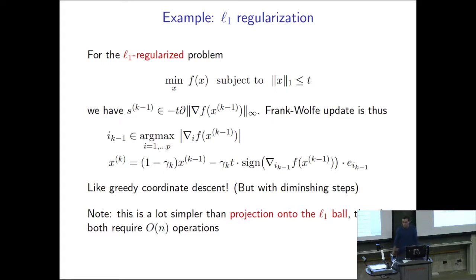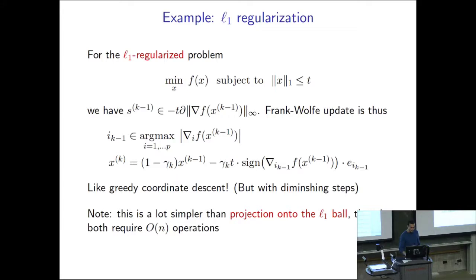Projecting onto the L1 ball, it turns out, is also doable in order n steps. So it's not only cheaper, but this is a pretty sophisticated algorithm to get you this. It relates to projecting onto the simplex. You can reduce a projection onto this L1 ball to a projection onto the simplex, and then there's an algorithm that is a bit clever that gets you a linear time projection.